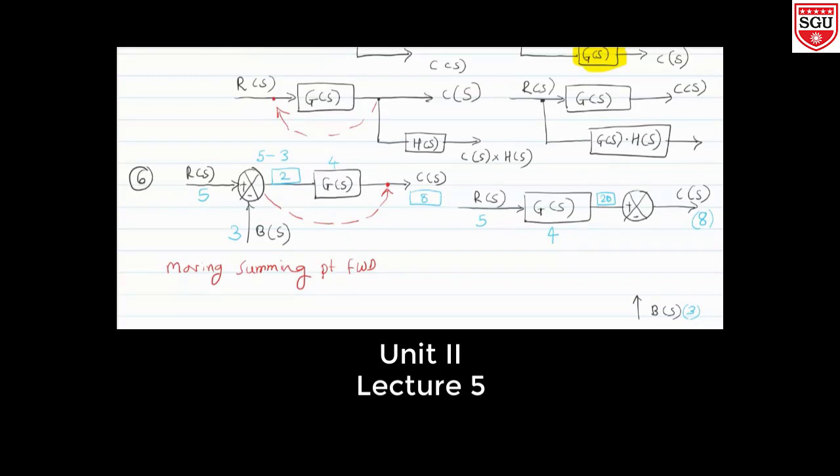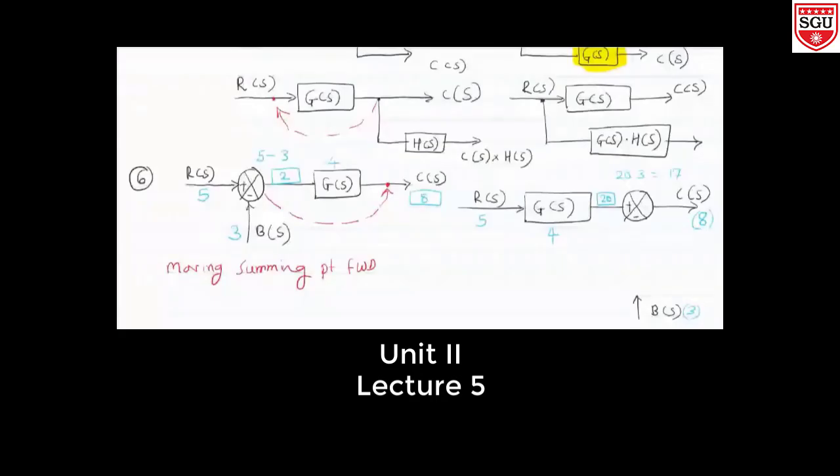If I do only B of S here, what will happen? 20 minus 3 will come 17, which will not be our required result. Sir, it should be 4 into 3.